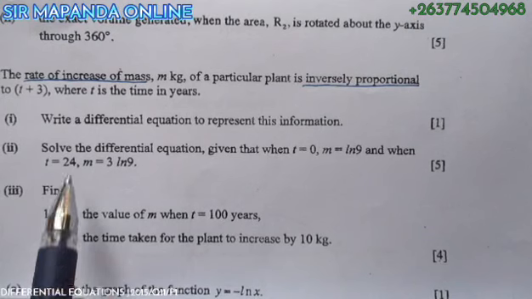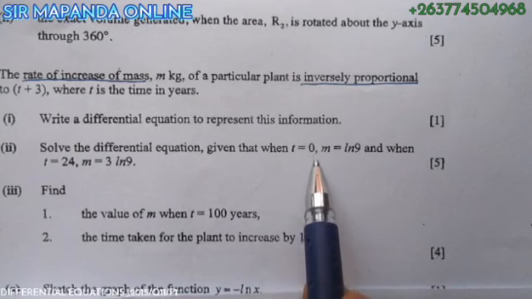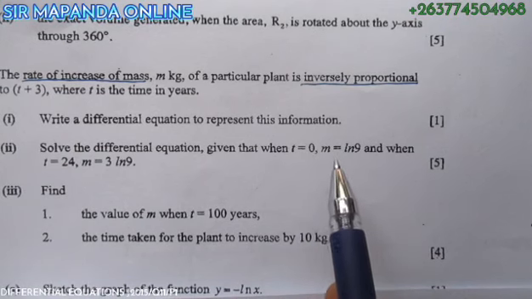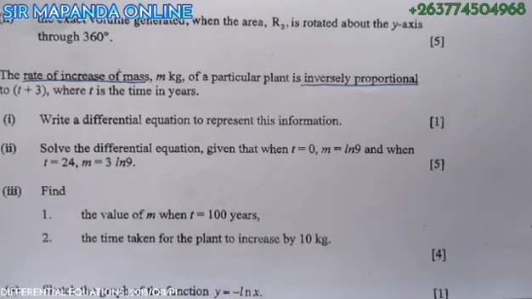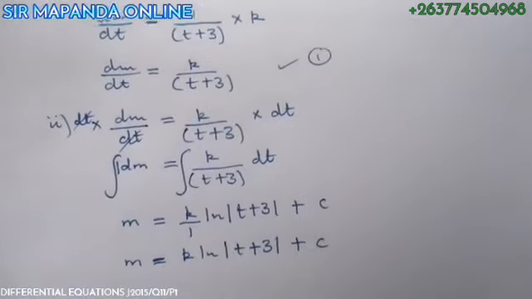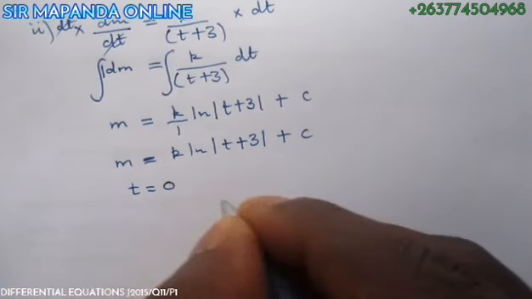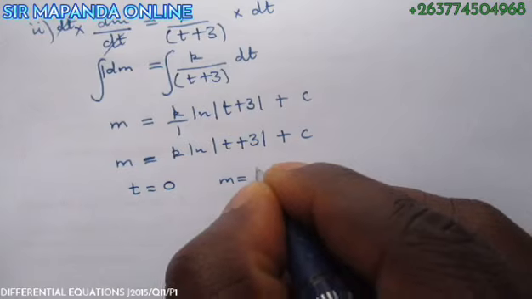It reads, solve the differential equation given that when t is equal to 0, m is equal to ln 9. That first combination helps you to find one of the constant terms. So let me write the given condition. When t is 0, m is equal to ln 9.